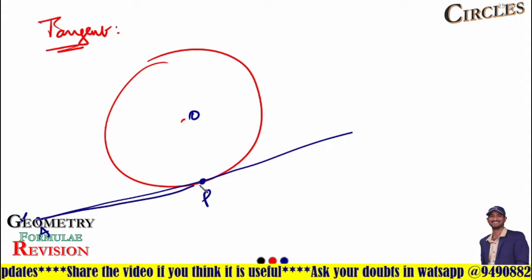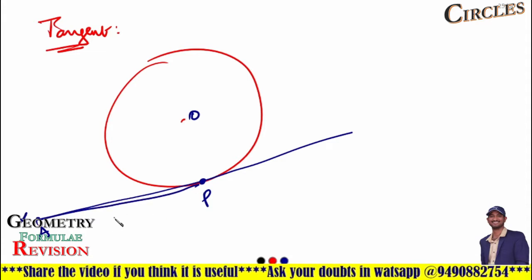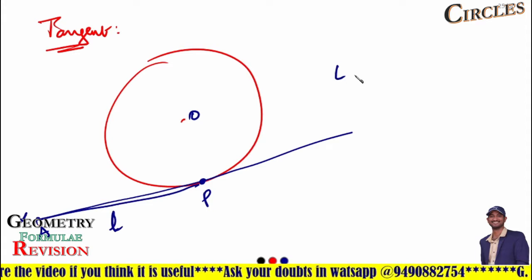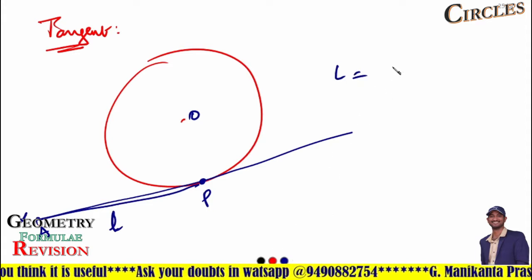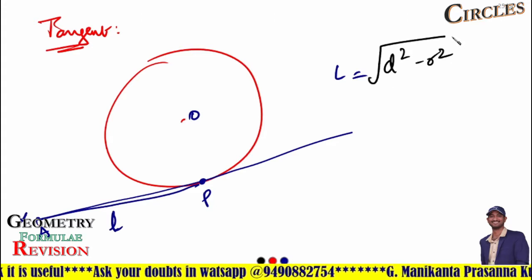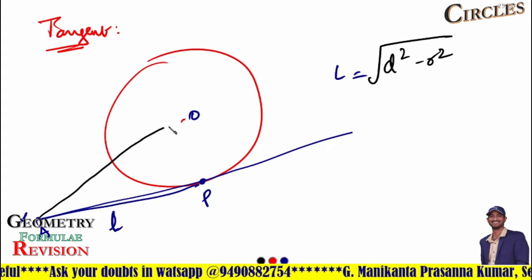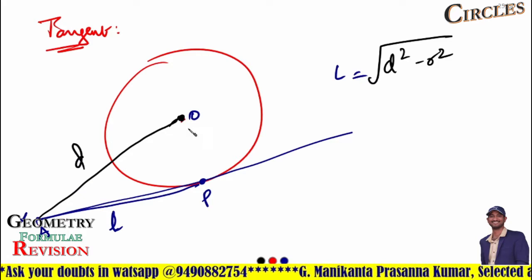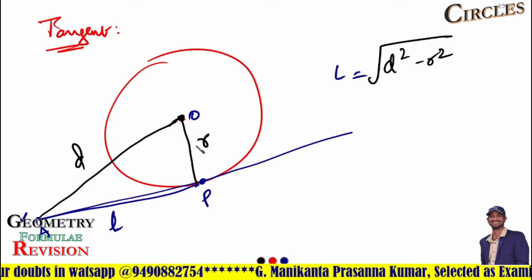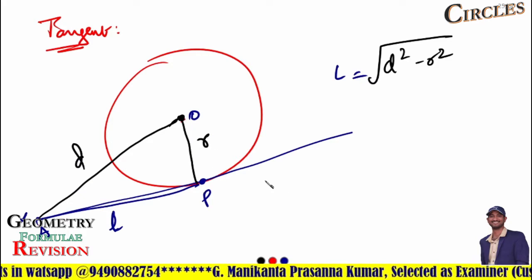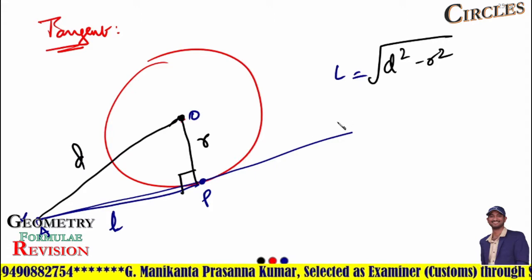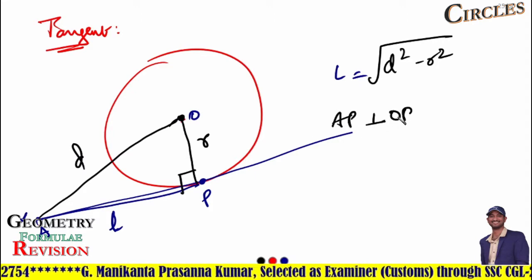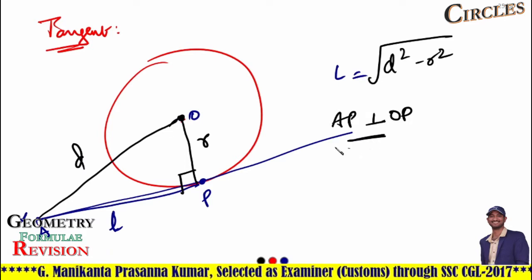Then the length of the tangent AP is equal to the square root of D square minus R square. What is D? D is the distance from center to the external point, and OP is R, that is the radius. And one more thing, tangent is always perpendicular to the radius. AP is always perpendicular to the radius OP.